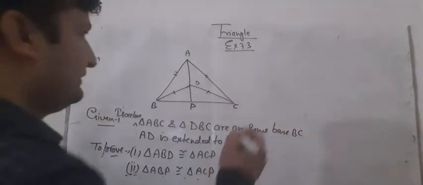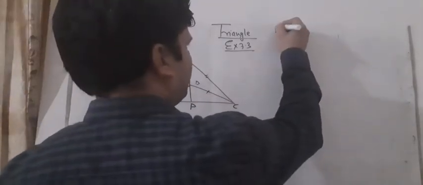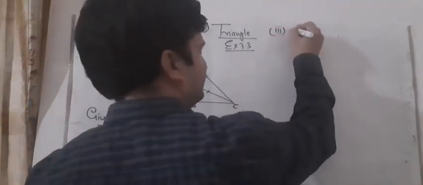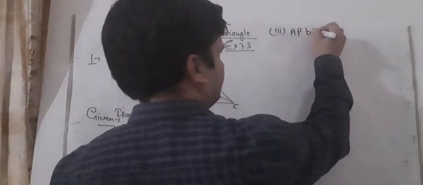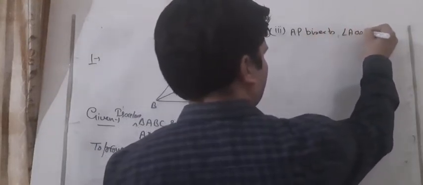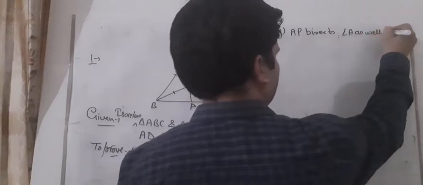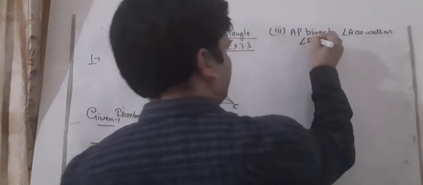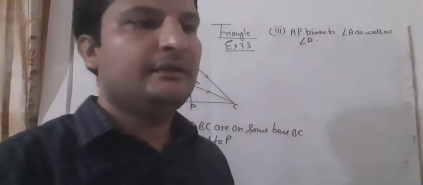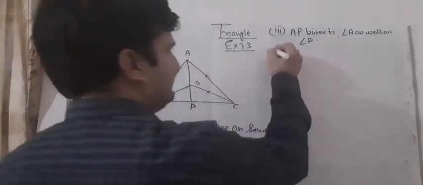Third part is AP bisects angle A as well as angle D, and AP is the perpendicular bisector of BC.